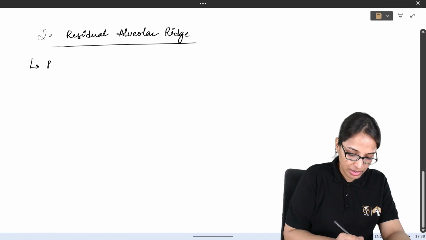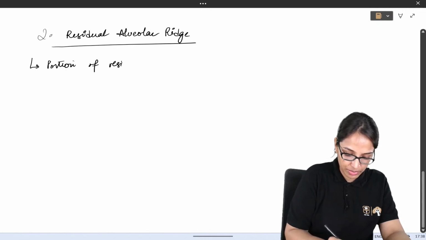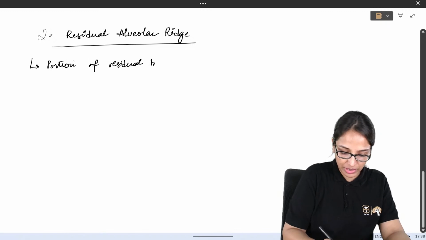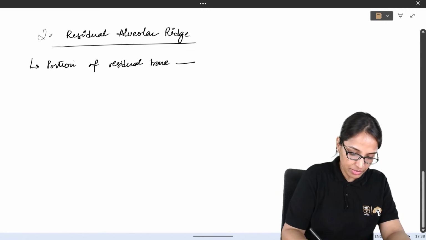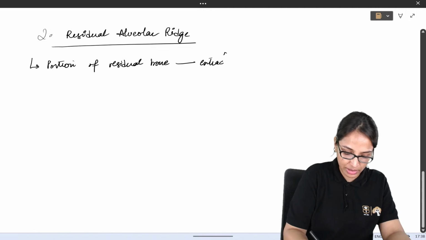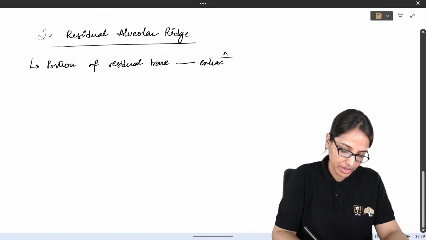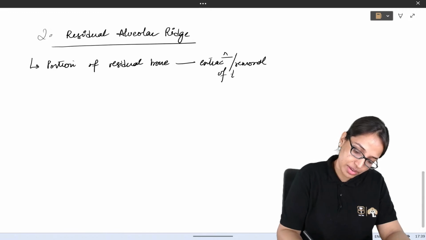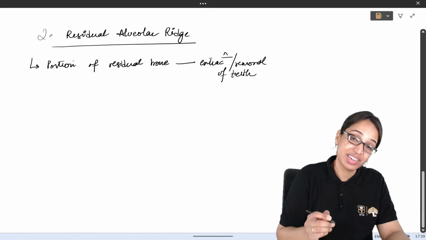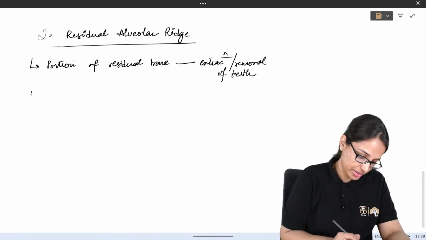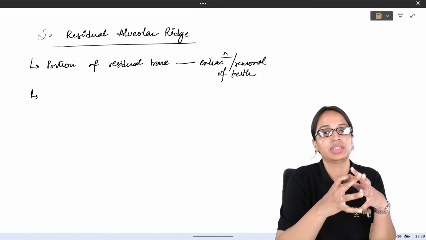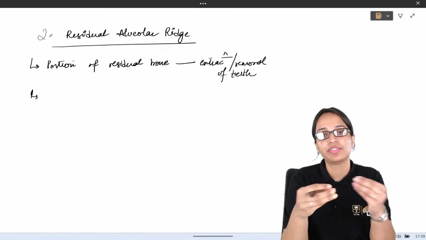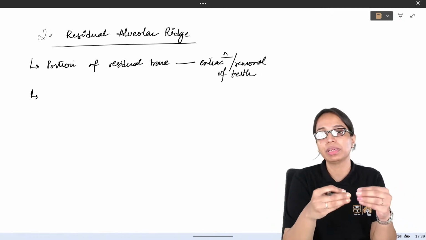So what is residual alveolar ridge? The portion of residual bone that remains after extraction of teeth. When extraction is completed, the portion of the residual bone that remains after extraction or removal of teeth is called your residual alveolar ridge, right? So once extraction is completed, a lot of different processes at the microscopic level happen.